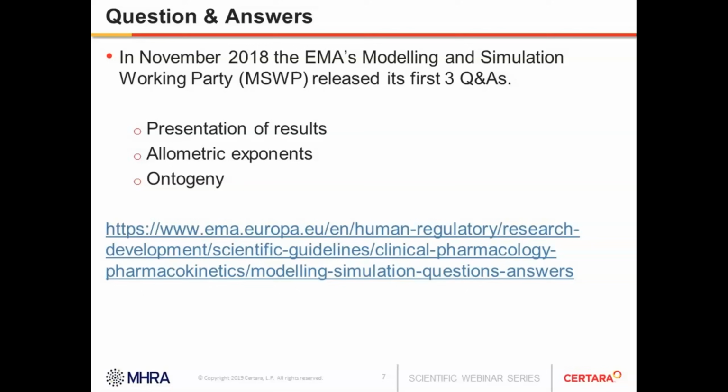At the bottom of the screen, you can find the link to these Q&As on the EMA's website. Today's webinar is going to go through these Q&As and present the Modelling and Simulation Working Party's perspective on them. What's really great is that Nastya from Certara will also present some examples and how this is done at Certara as well.